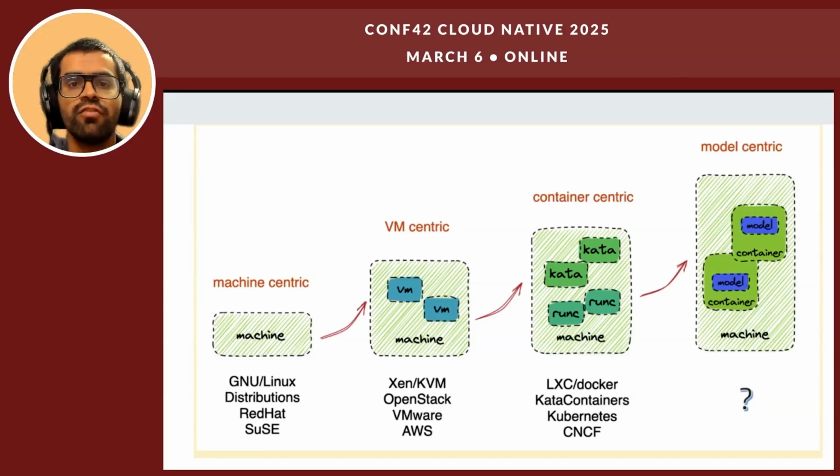If we also look at how, over the duration of time, we have seen the different kinds of centric approaches. We of course started off with machine centric, where we were just running simple servers. Then we went into VMs because we found that there are a lot of inherent benefits of being able to run VMs, because then you can virtualize your software and not have to worry about whether it's supported on a local server or not.